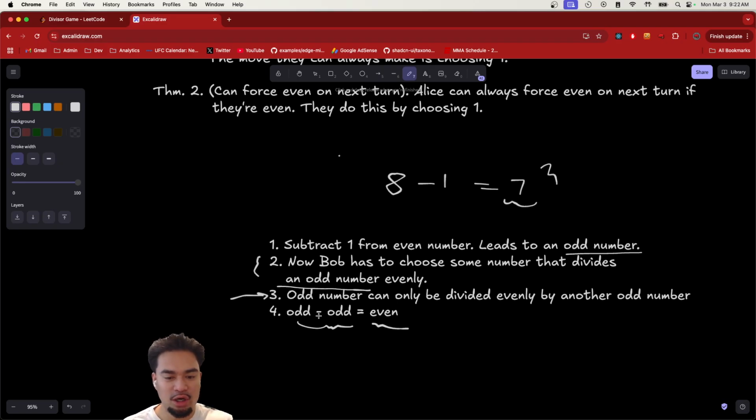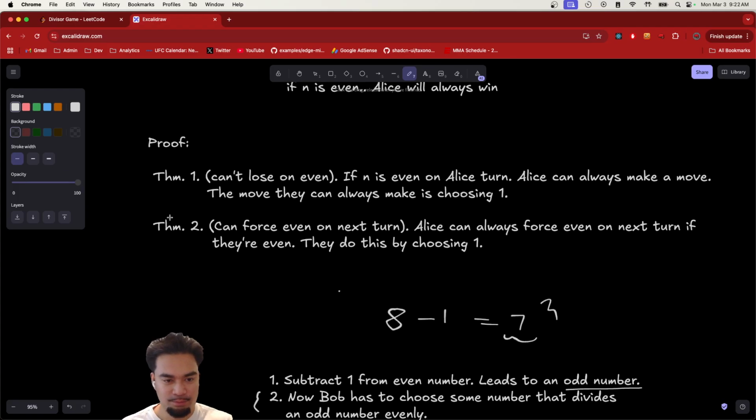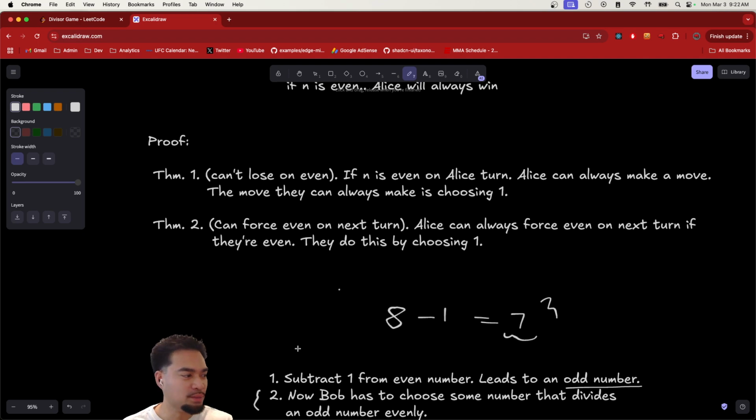Then I'll show that odd minus odd equals an even number. Since it's even, Alice still has a turn, and Alice lives to fight another day. Since Alice will always have a turn, Alice is pretty much immortal, which means Bob is going to lose.